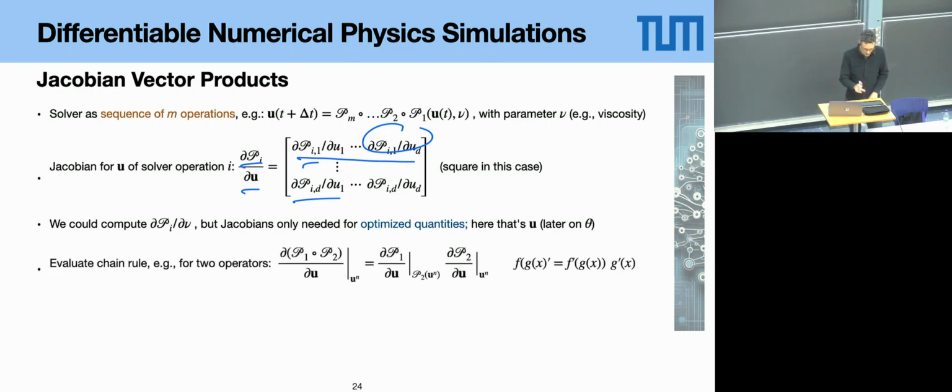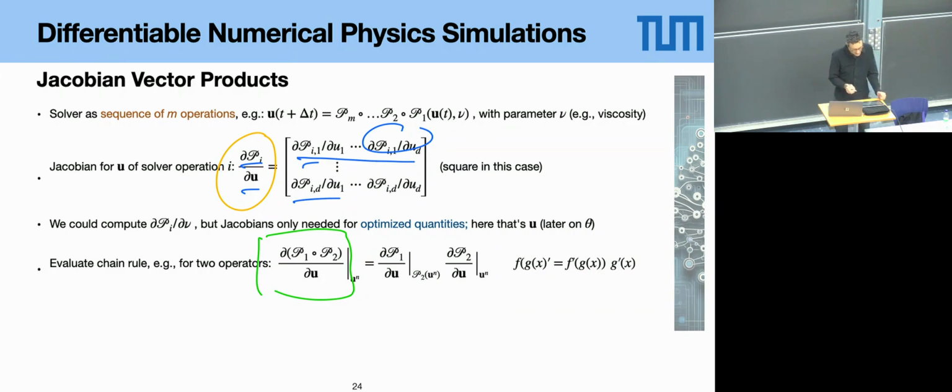Also, what's important to keep in mind is that this is the Jacobian for one of these operations in the big chain up here, or m steps in sequence. If we now want to treat all of these, it's basically just the chain rule. So what happens if we have just two of these? Looking at this part down here, if we just take P1 and P2, assuming we first apply P2 to some input, then P1, then we have a chain rule.